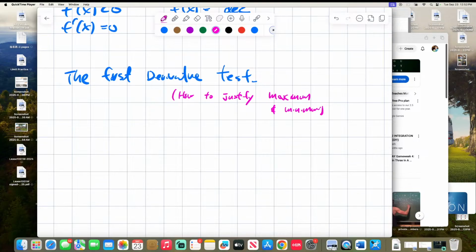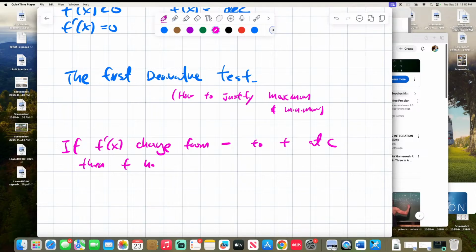So how do I justify? On the AP exam, you're gonna justify it as: if f prime of x changes from negative to positive at c, then f has a relative minimum at c, f of c.